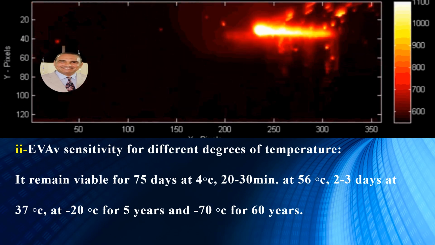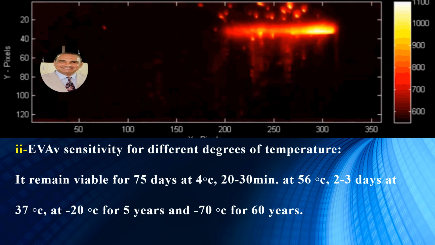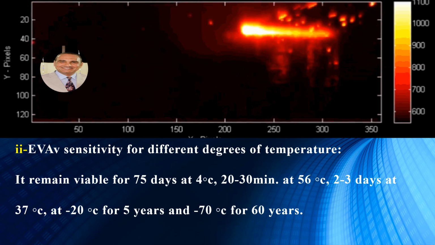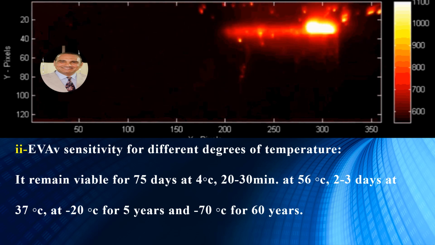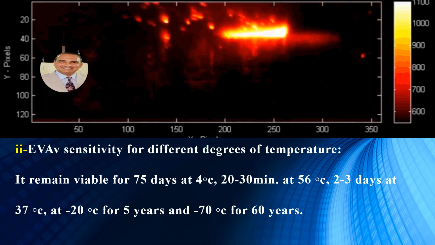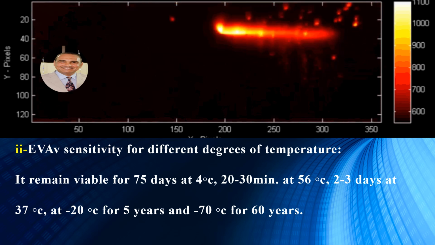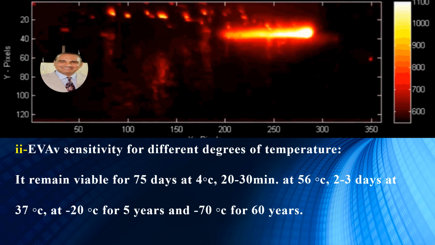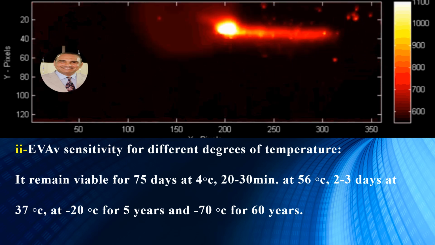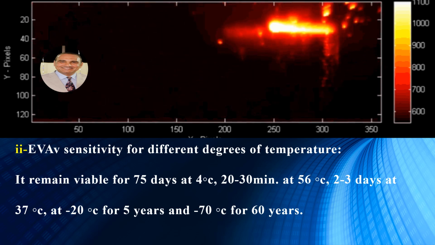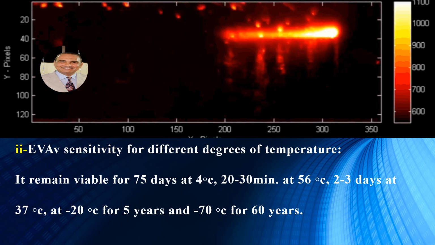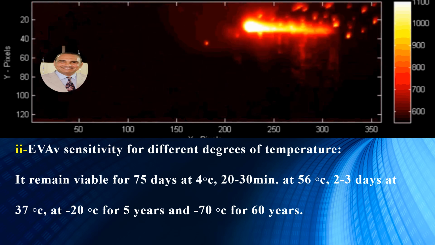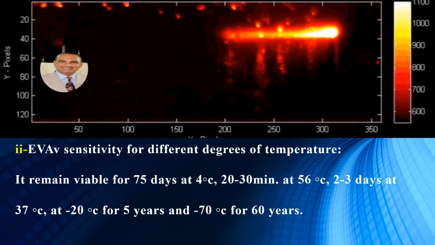Regarding temperature, the virus remained viable for 75 days at 4 centigrade, 20 to 30 minutes at 56 centigrade, 2 to 3 days at 37 centigrade, at minus 20 centigrade for 5 years, and minus 70 centigrade for 60 years.